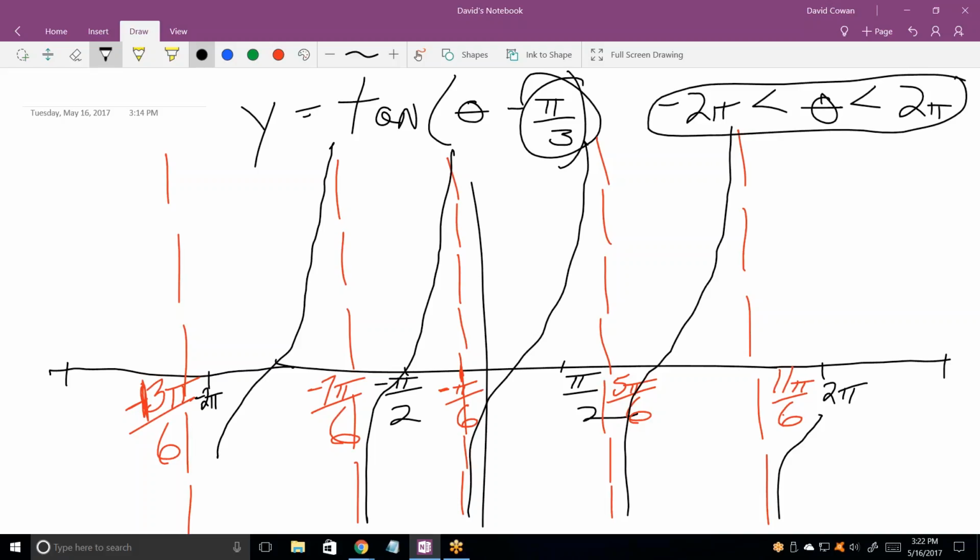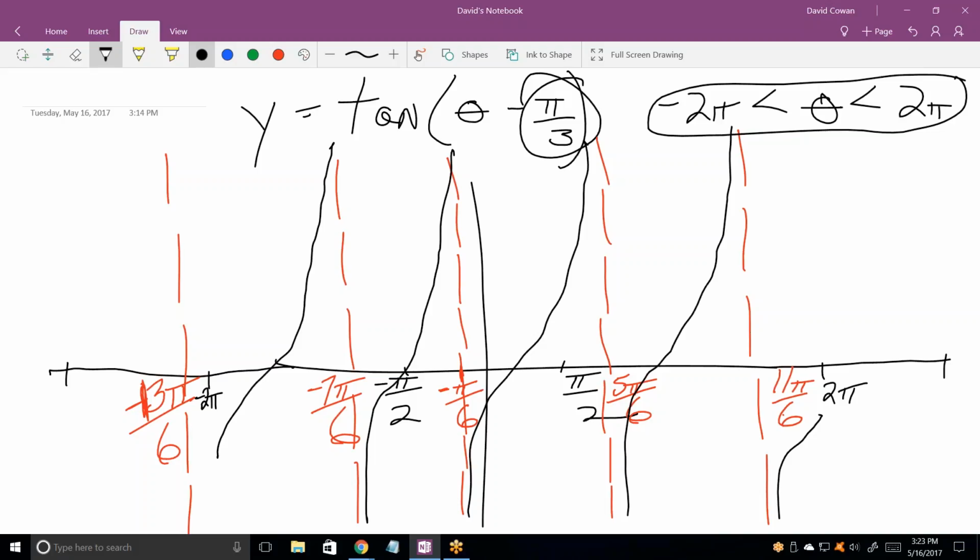Notice that I have a partial tangent curve there because I'm only starting at minus 2 pi. I'm not starting at minus 13 pi over 6. I have a full tangent cycle there, a full one there, a full one there, and I have the part that's missing from the first one over here. You see why the beginning and the end one are just partial graphs?